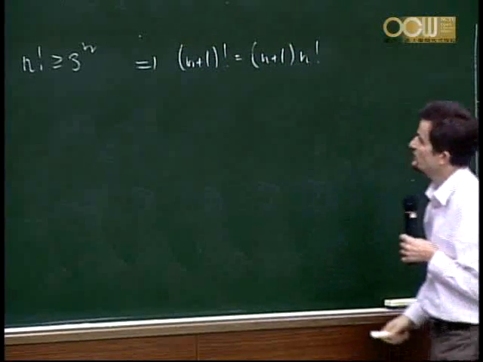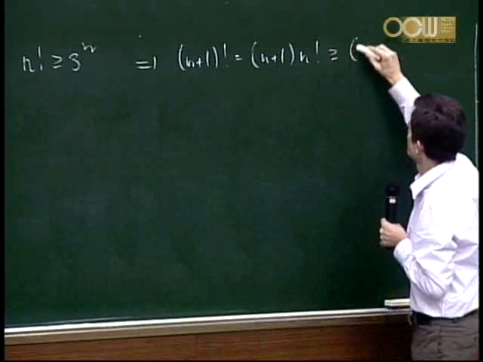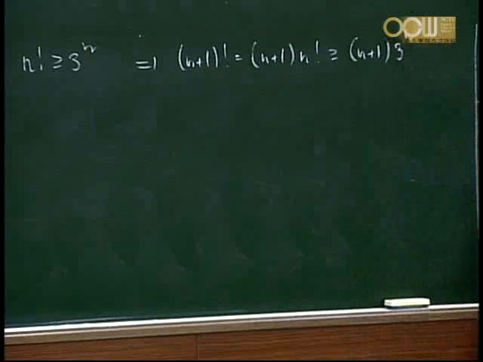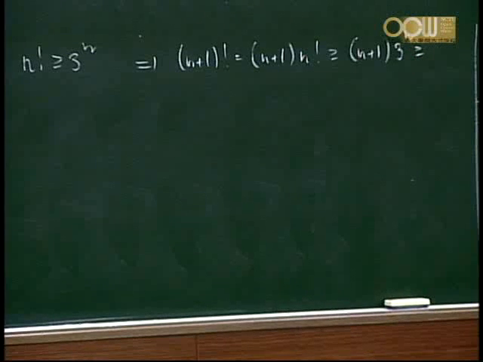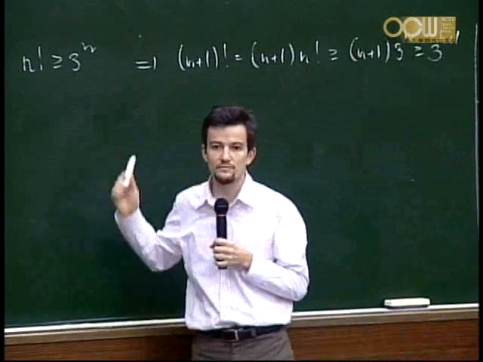If you already know the inequality for n, then this will be larger or equal than n plus 1 times 3 to the n. Now if n is large enough, then this n plus 1 will certainly be larger than 3. If n is larger or equal than 4, this is already satisfied. So you will get that this is larger or equal than 3 to the n plus 1. So induction will work.